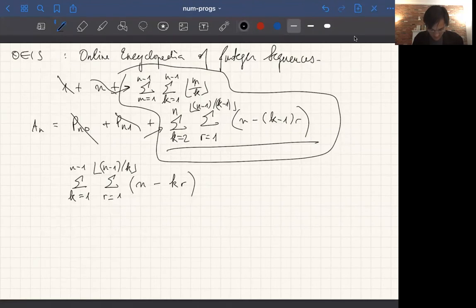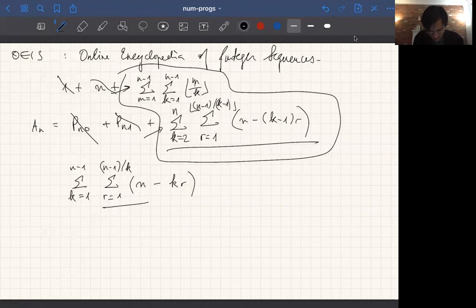Now, there's this floor in the top here that I'm not sure if I can take out. I know you can take it out notationally, because summing to a floor is the same as summing to any number, since you only take integer values of r. But the first part of this sum doesn't even depend on k.